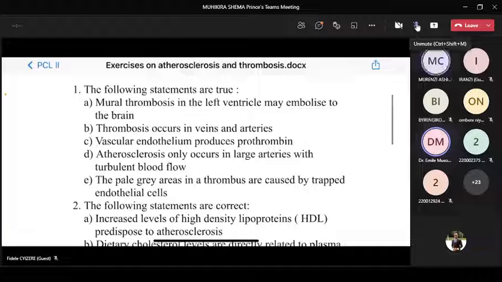Vascular endothelium produces prothrombin. This is false. Prothrombin is produced by the liver, not vascular endothelium.